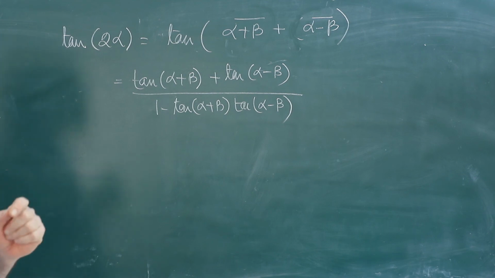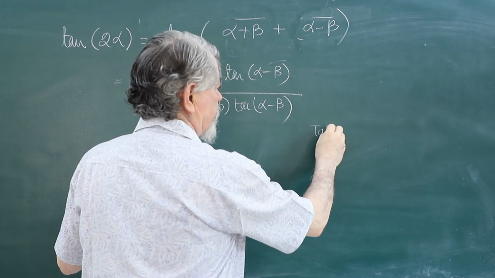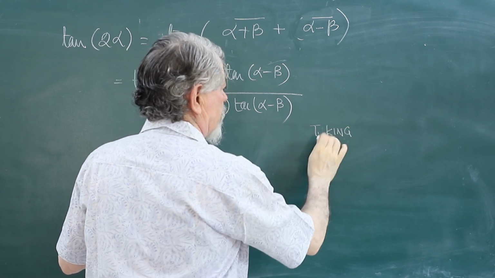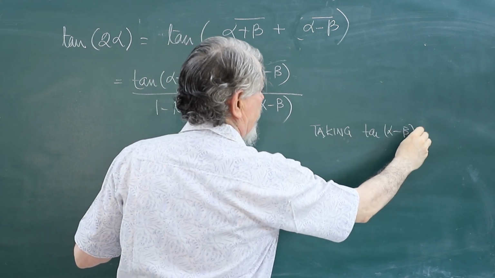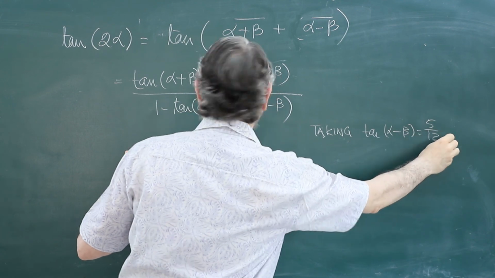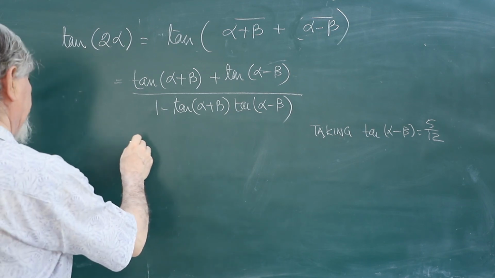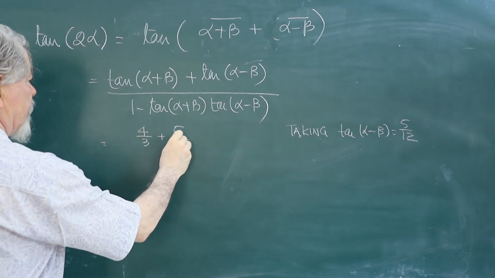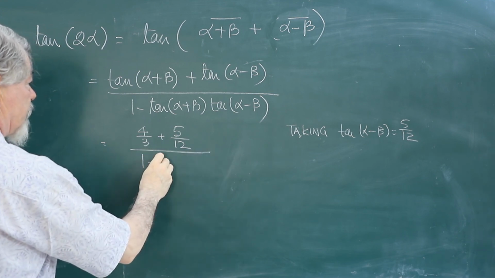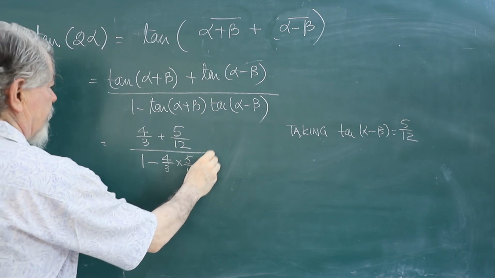First I am taking tan alpha minus beta to be positive, plus 5 upon 12. Tan alpha plus beta is how much? 4 upon 3. So 4 upon 3 plus 5 upon 12 upon 1 minus 4 upon 3 and 5 upon 12. What will I get?